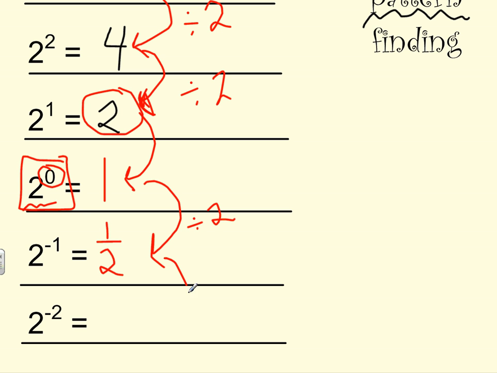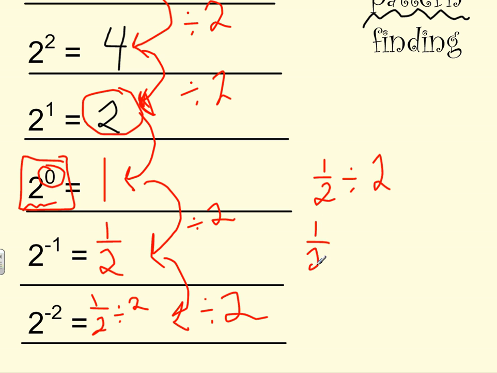If I continue the pattern again, and I divide by 2 again, I'm going to have to take 1/2 divided by 2. If you remember what we've done with fractions, 1/2 divided by 2, you can do leave it, change it, flip it. Hope you remember that.